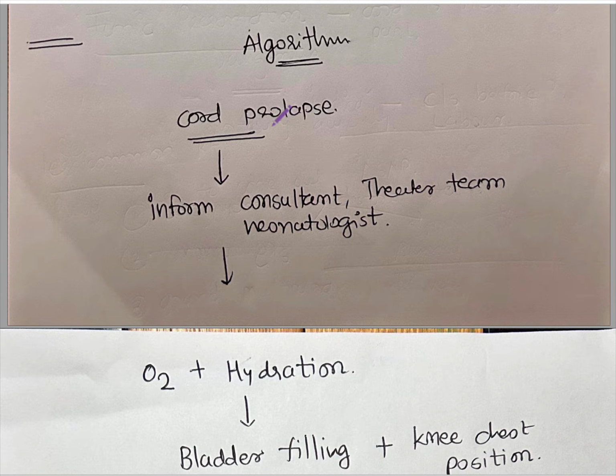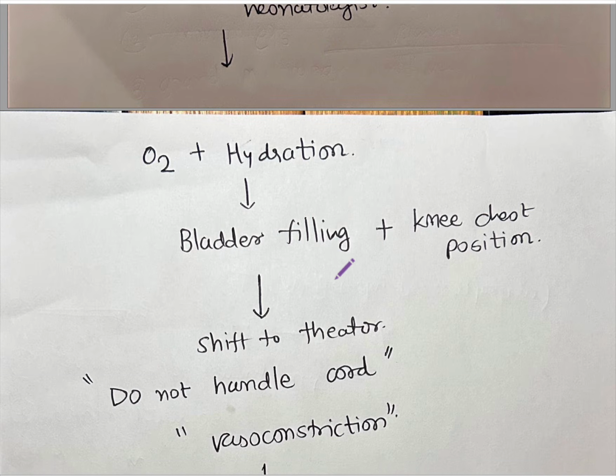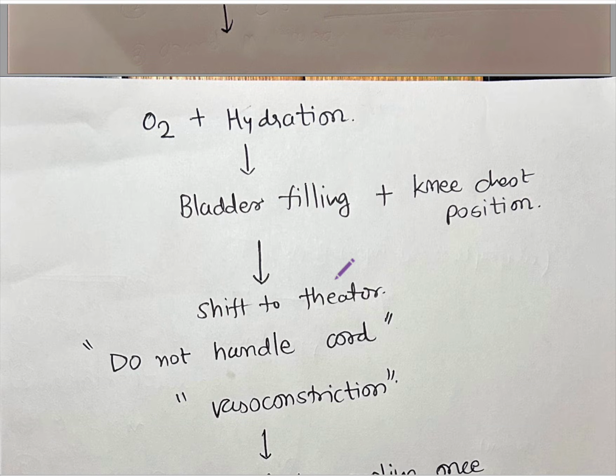Now there is an algorithm which is very important. Once you identify the cord prolapse, first of all you have to inform your team, your specialist team, that is consultants, theater team, neonatologists. Primary measures which are not very useful, but still we try to do them, are oxygen and hydration, bladder filling, which makes your presenting part go upwards so that cord compression cannot happen.